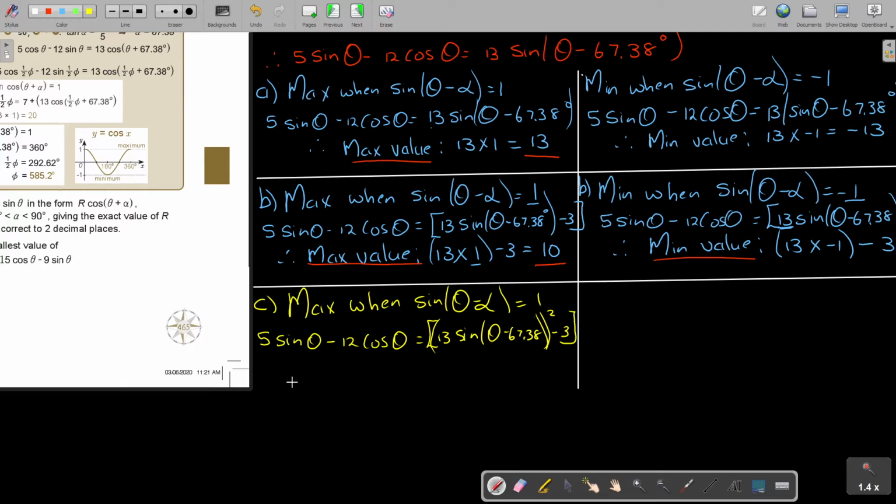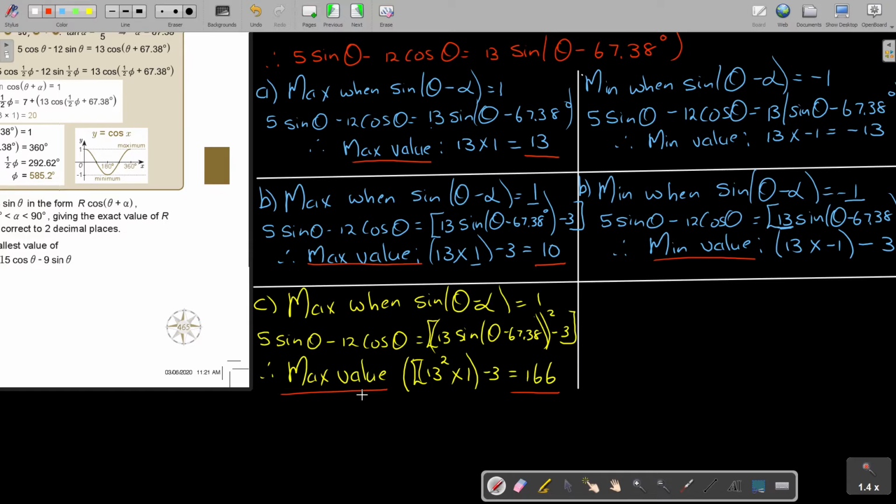So therefore, the max value is going to be 13 squared, multiply that one, and then minus 3. So this is going to be 169 minus 3, and that's going to be 166. And again, that is my answer.